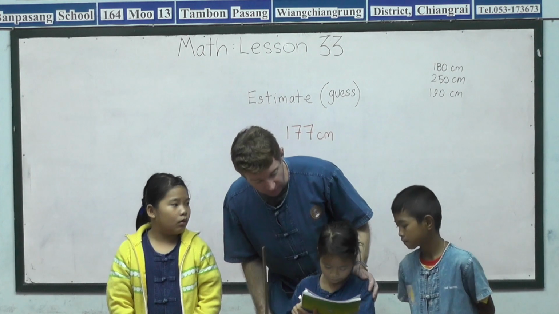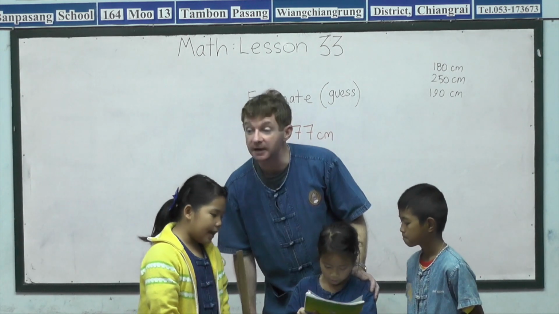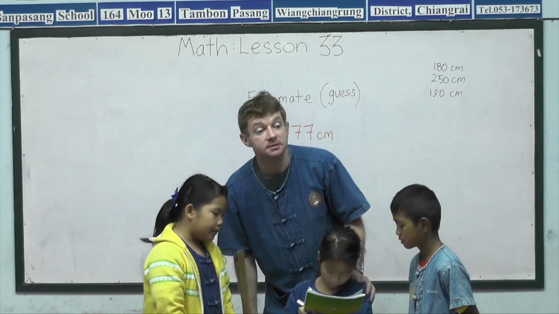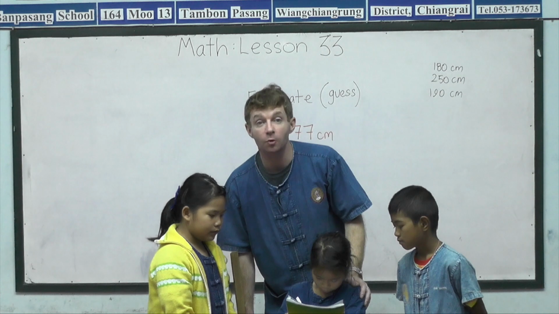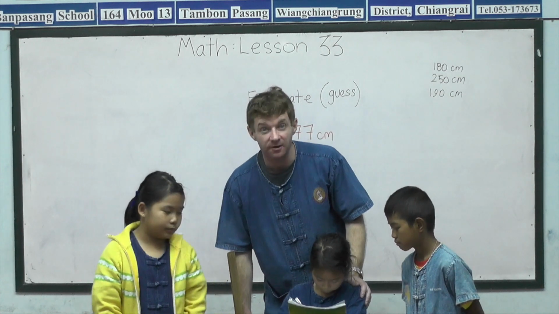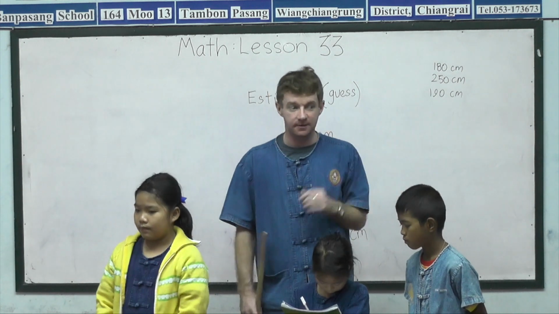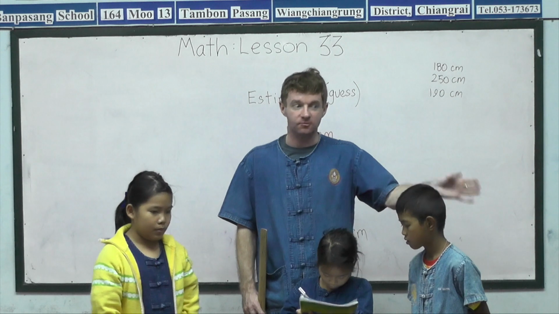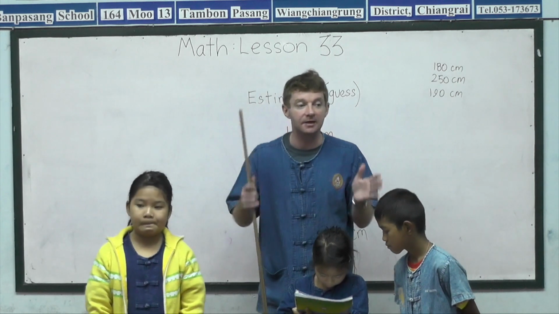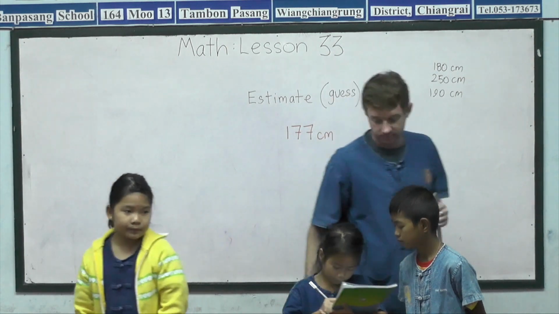How wide was the window? 1 meter 90 centimeters. The width of the window is 1 meter 90 centimeters. So work out your estimate and then the actual width and do your calculation based on the difference. Thanks very much, guys.